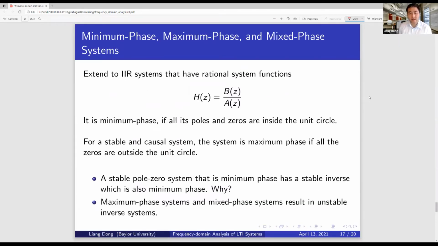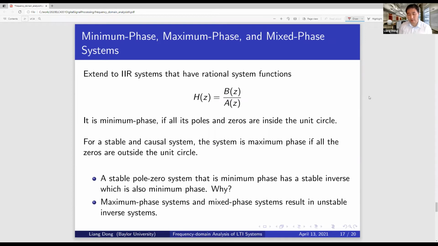So we can extend this to a general IIR system. There's a rational system function, H(z) equals B(z) over A(z). Same statement: it is minimum phase if all its zeros are inside the unit circle. And because I want to have a stable system, I put all the poles inside the unit circle.